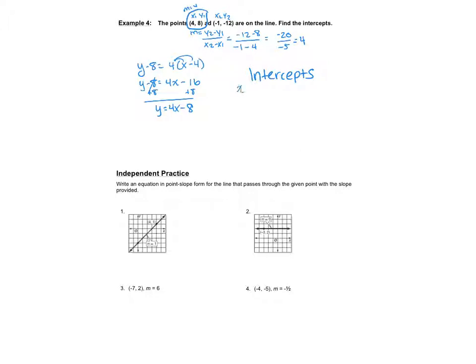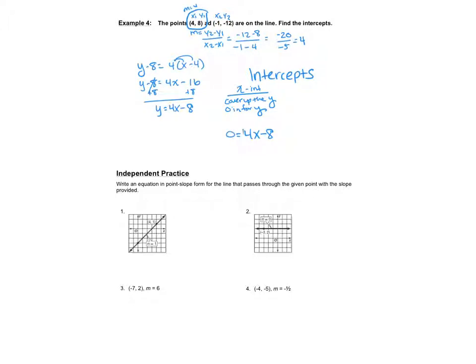So if I'm looking for the x-intercept, then I cover up the y, or plug a 0 in for y. They're really the same idea. So I could put 0 equals 4x minus 8, or if I cover that up, just know that if you have nothing on one side of an equal sign, you have to have a 0 there.